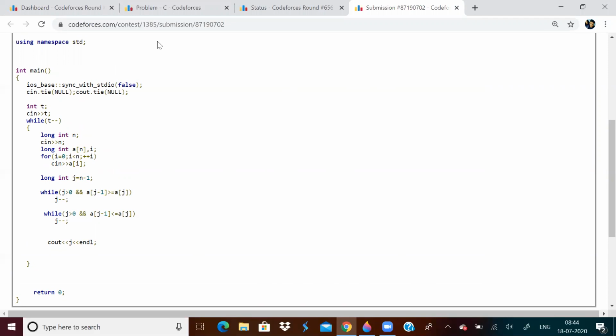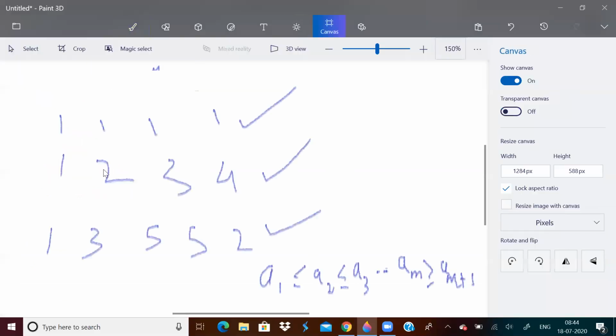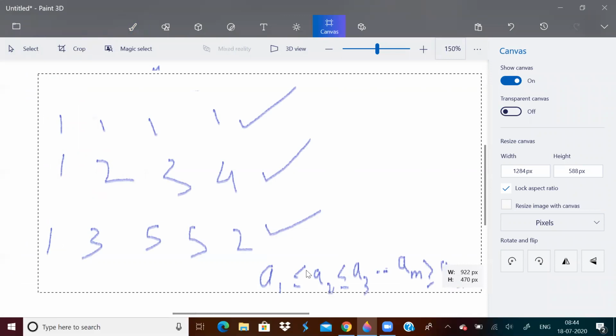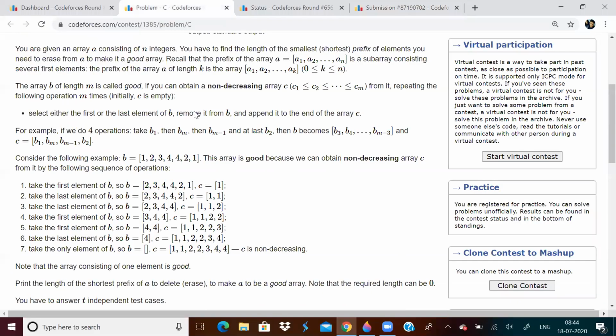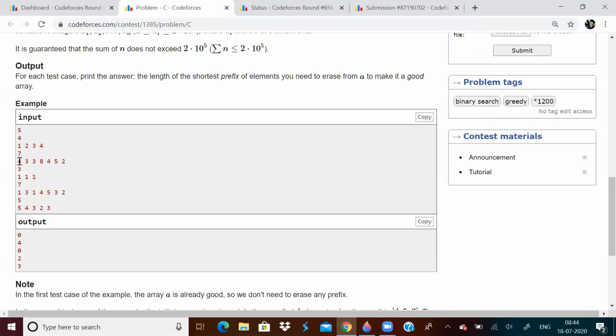What I'm doing here is, let's take a test case and I'll explain it with that. We'll take this example: 4 3 3 8 4 5 2.